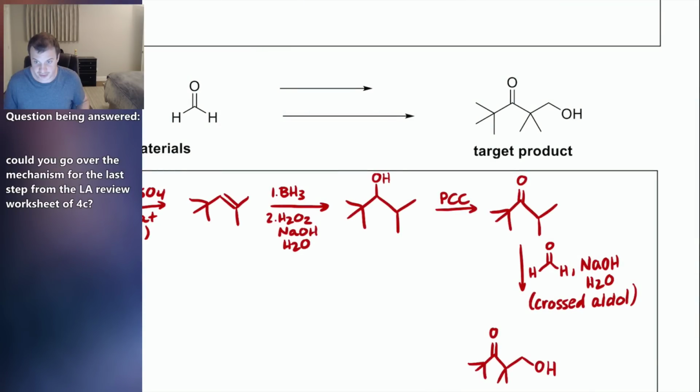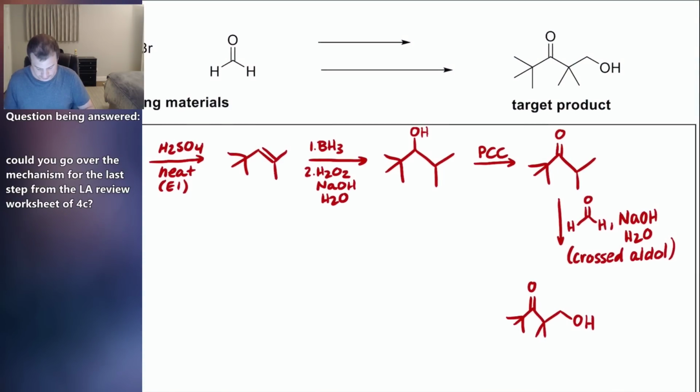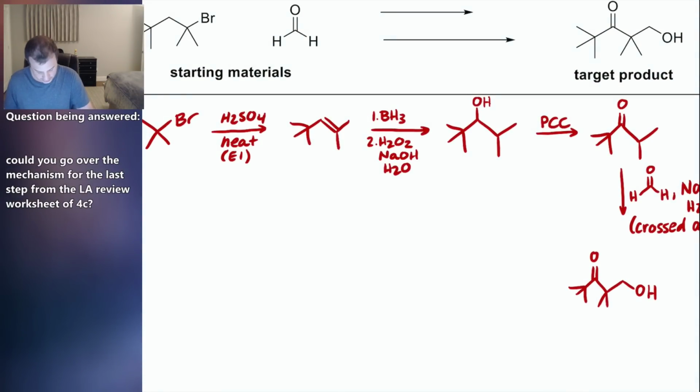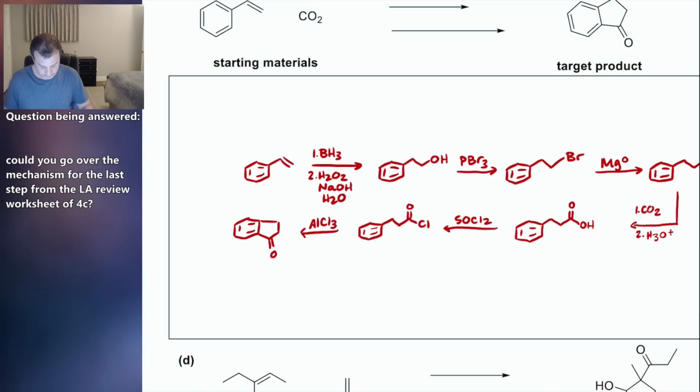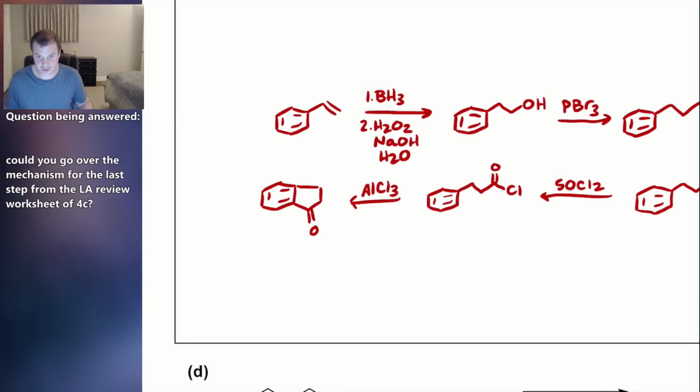The crossed aldol reaction. So in this reaction, this is 4C, right? Oh, no. This is 4C. Okay, so the mechanism of this is going to be kind of a long one. Okay, here we go. So the chlorine attacks the aluminum of the AlCl3.